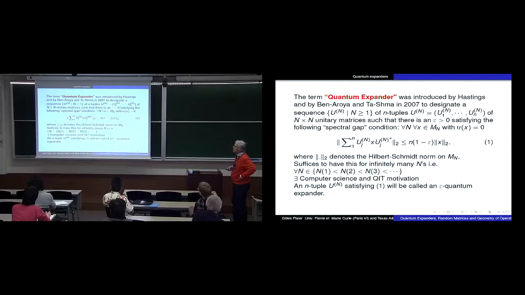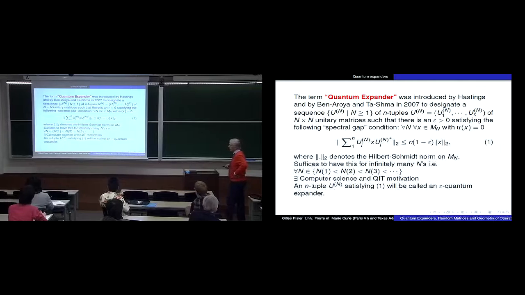Ben-Aroya and Ta-Shma, I think Hastings was at Microsoft, I don't know if he still is. Ben-Aroya and Ta-Shma are computer scientists at the Weizmann Institute. They were interested in relations of this notion to computer science and also to quantum information theory.